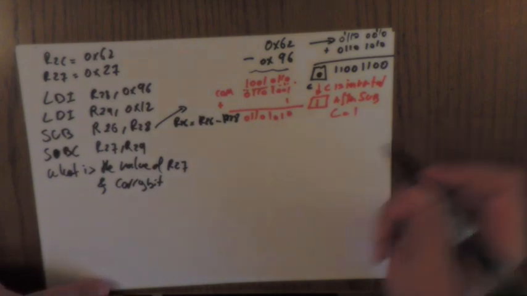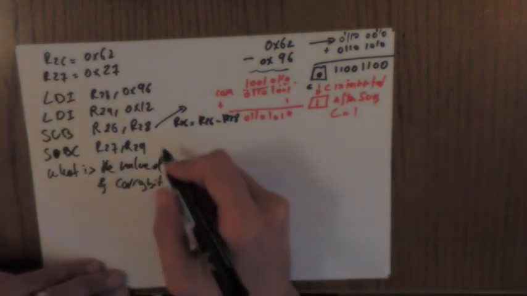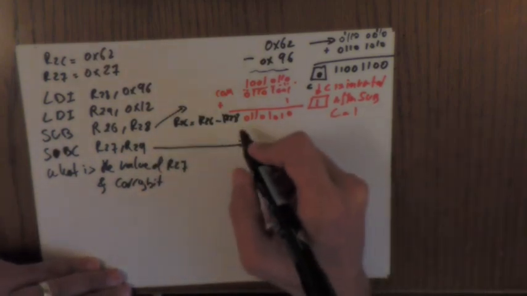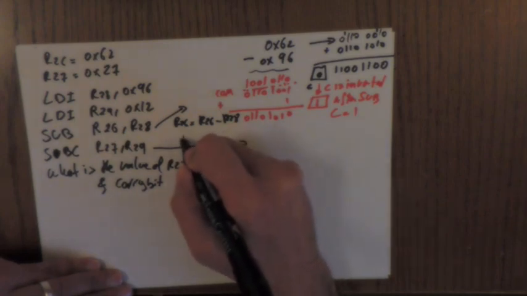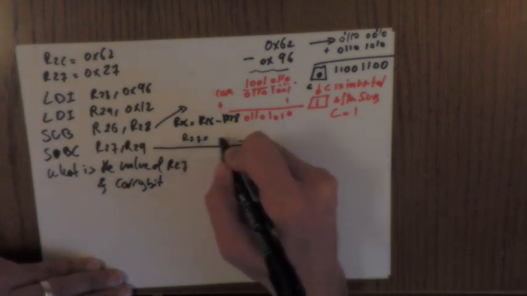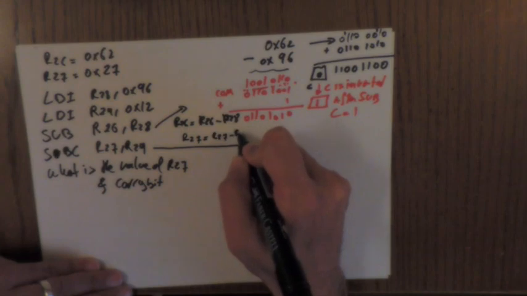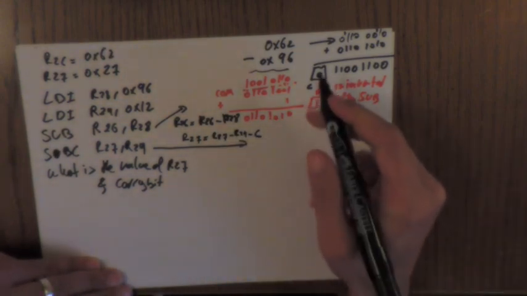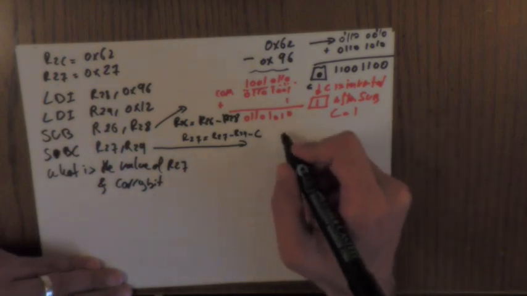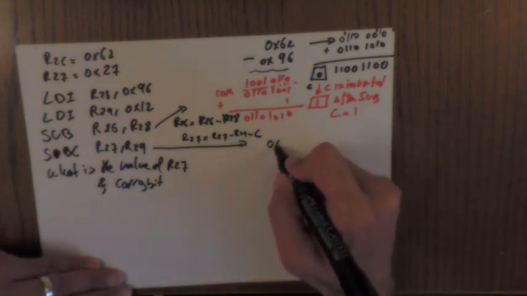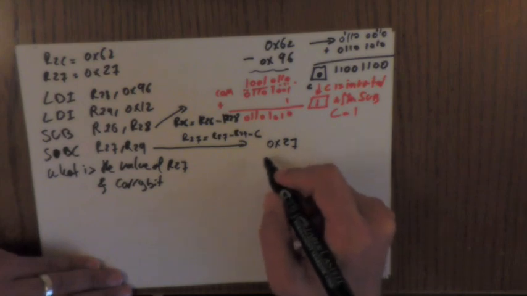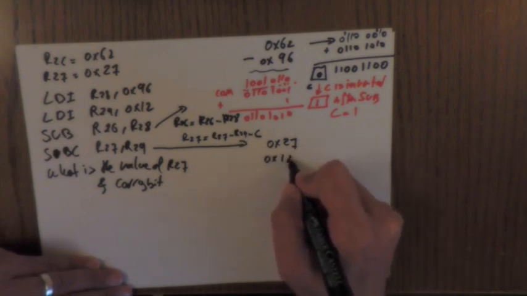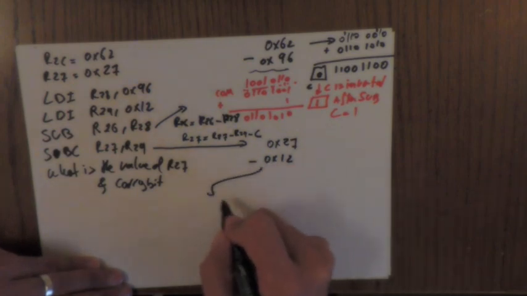Now, if I want to do the second line, it's going to be R27 equals R27 minus R29 minus carry. So if we place this, R27 has 0x27 and R29 is 0x12. So let's change this to 2's complement.